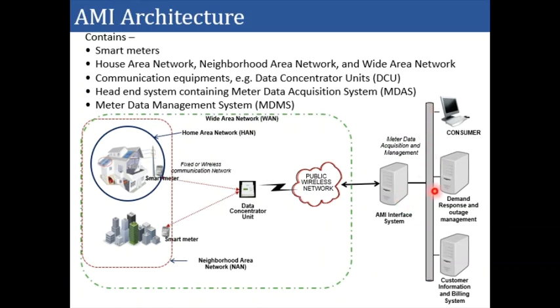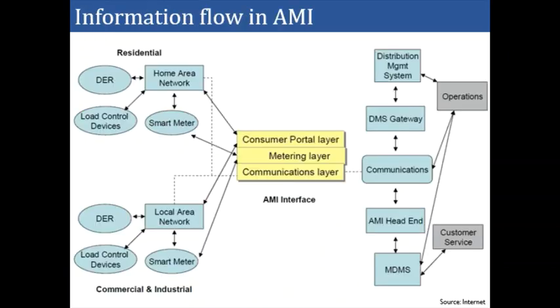In that enterprise service bus, the required metadata travels for consumption by other applications such as demand response and outage management applications, or maybe the customer information and billing systems, or maybe development of a consumer portal which will enable the end consumer to see his consumption pattern.